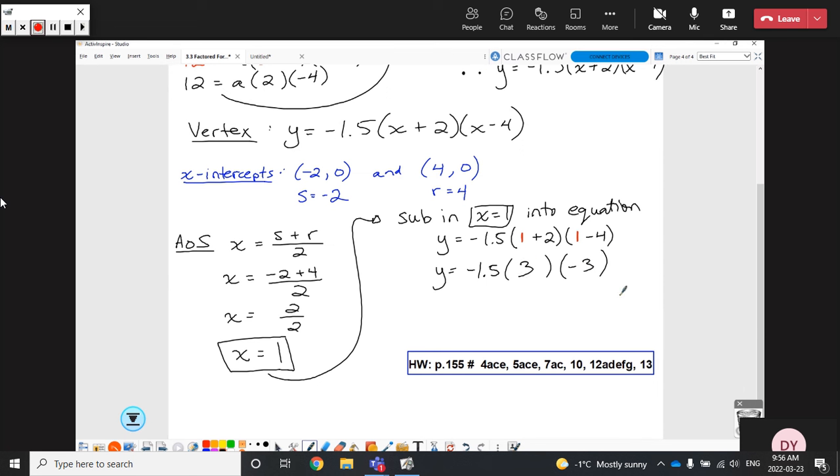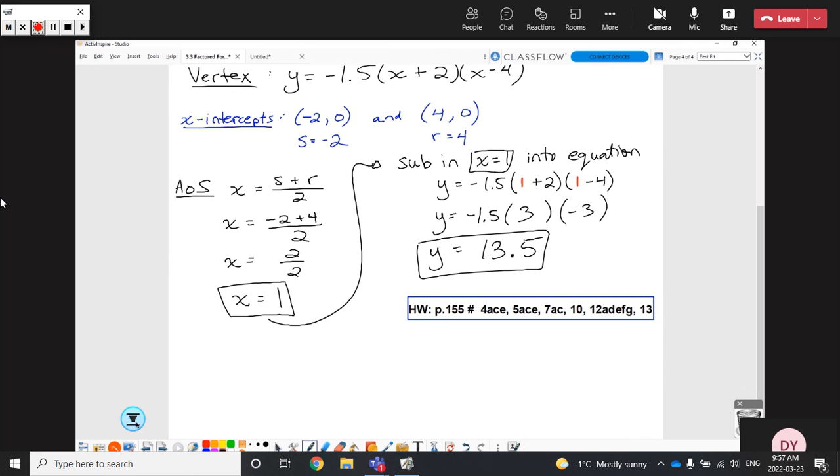Negative 1.5 times 3 times negative 3. And we get positive 13.5. 9 times 1.5, yeah. So here we are. Therefore, the vertex is at 1, 13.5.